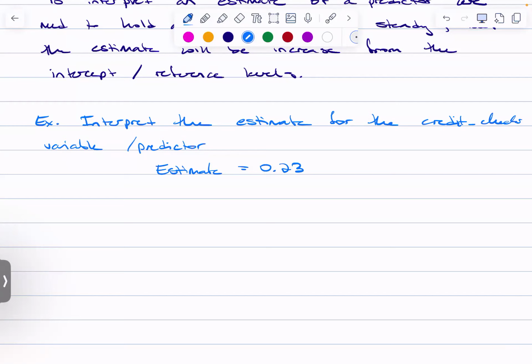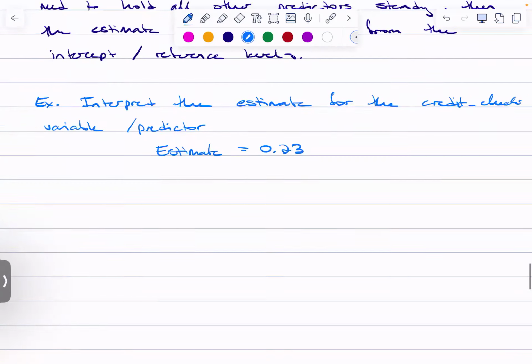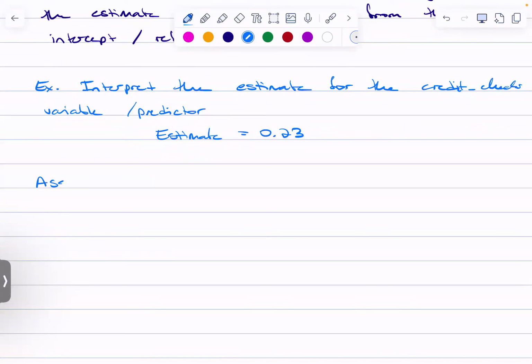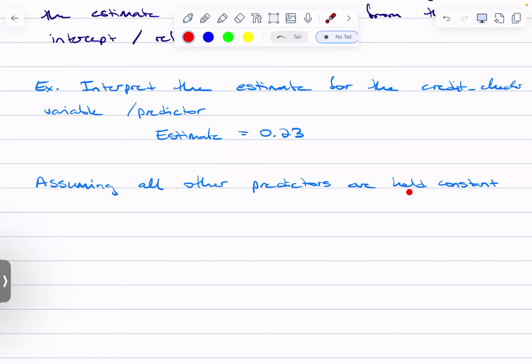Assuming all other predictors are held constant, we expect, and once you've tackled that, then you're back to the same interpretation that we had for the slope.